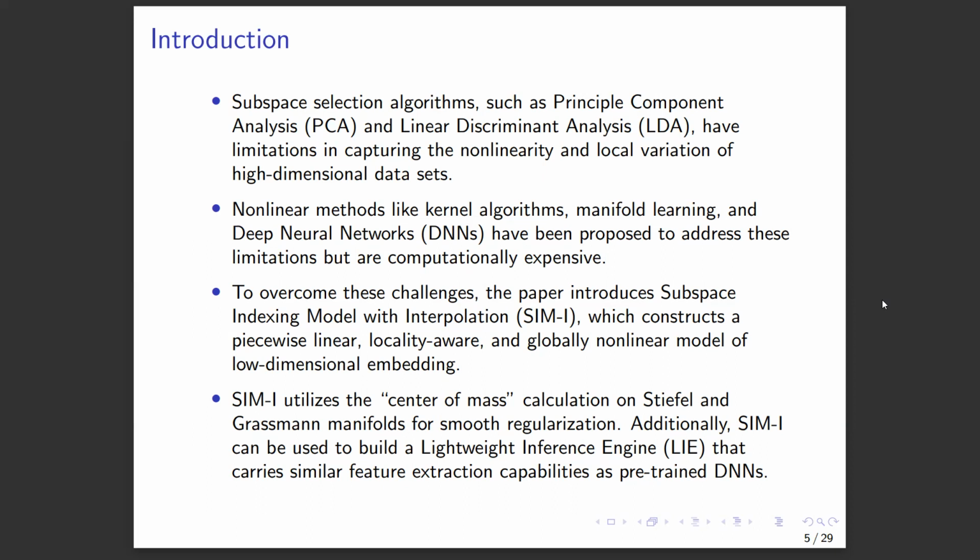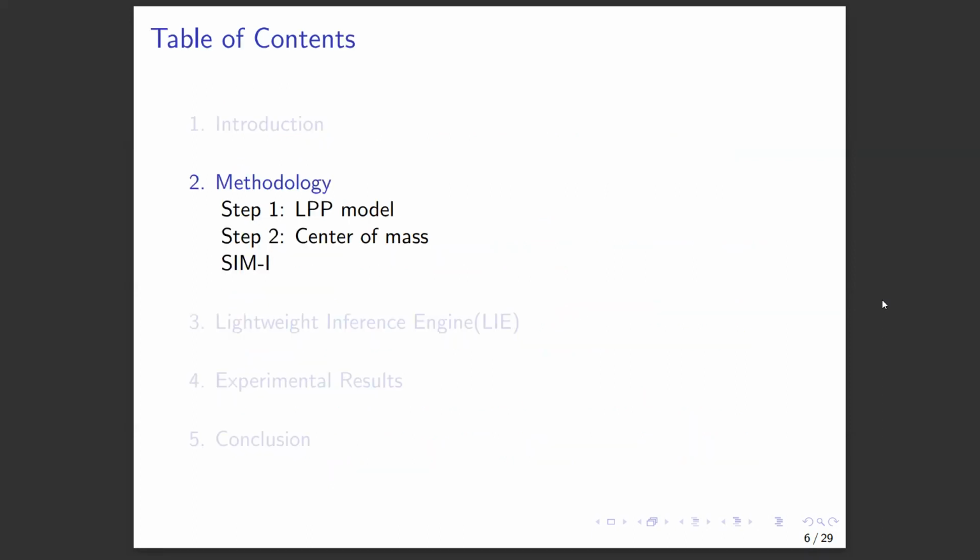While nonlinear methods and DNNs offer solutions, they come with high computational costs, and this led us to develop the subspace indexing model with interpolating, or SIMA-I, which is a novel, more efficient approach. So let's dive into the methodology behind SIMA-I.